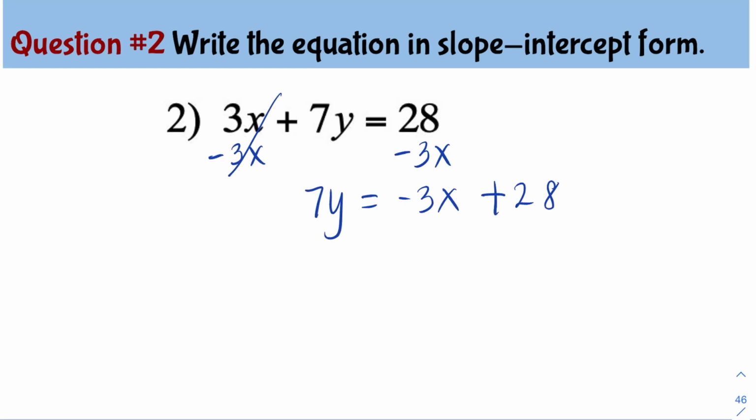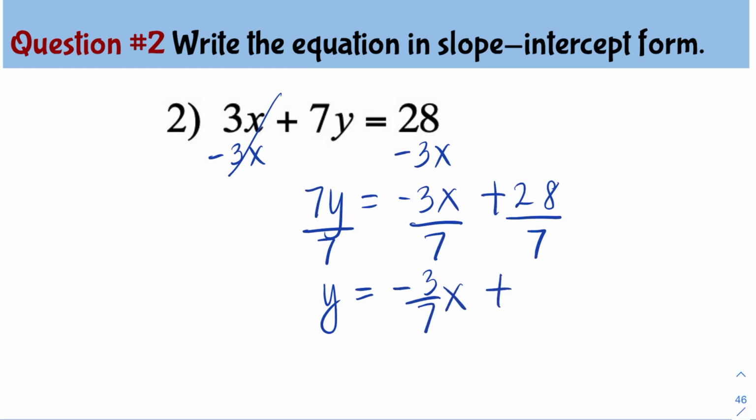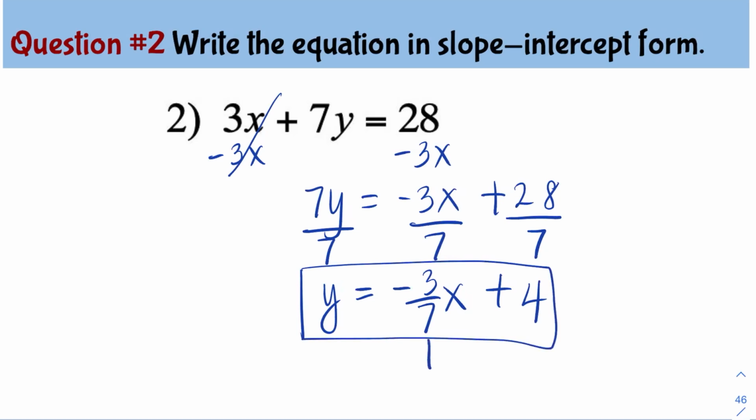Dividing both sides by 7. So the left side now is just 1y equals negative 3 over 7 x plus 28 over 7, which is 4. So in this equation, the slope is negative 3/7 and the y-intercept b is 4.